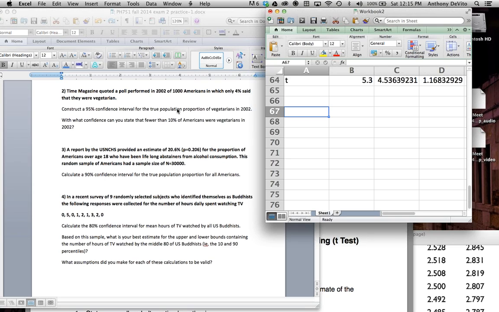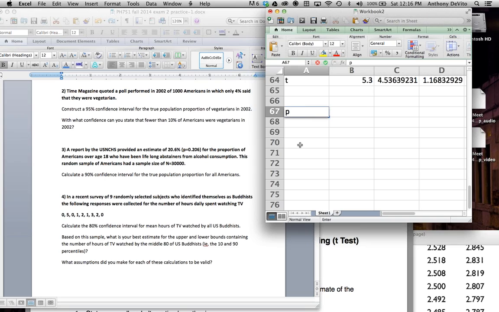So our proportion of Americans that say they are vegetarian is 4%. Notice that this is a sample of 1,000 Americans. I don't know what the real proportion of Americans is, p, right?